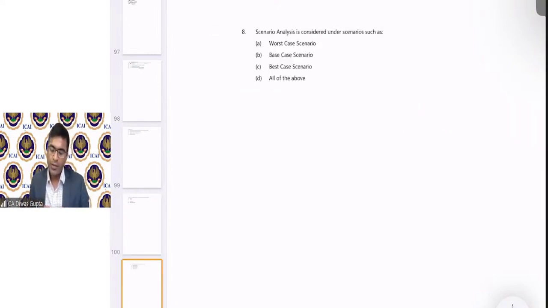Next question. This is from today's session. Scenario analysis is considered under scenarios such as worst case, base case, best case. This is a very simple question. Yes, students, scenario analysis. I think we covered some of the questions also in today's session on the scenario analysis.